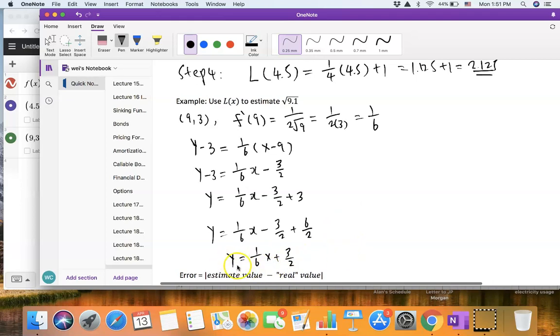Now the equation is y equals 1 over 6 x plus 3 over 2. So the linear function L(x) is 1 over 6 x plus 3 over 2.